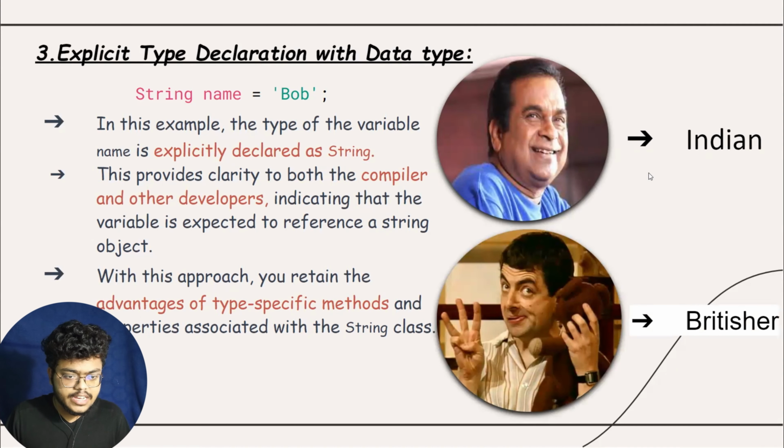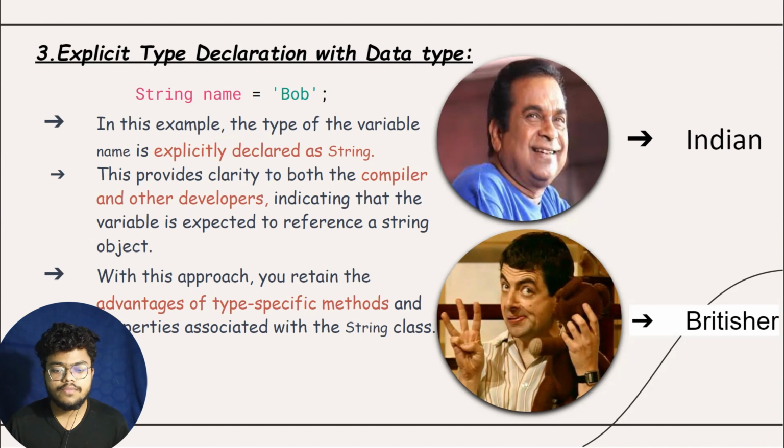By declaring like this, we have clarity, like in the beside images. If you see that he is an Indian, he is a Britisher. By declaring like this, we have clarity about what nationality each person has, who belongs to which country. We make clarity on that. Similarly, we declare the type of a variable explicitly before the variable name. This provides clarity to the compiler and other developers.